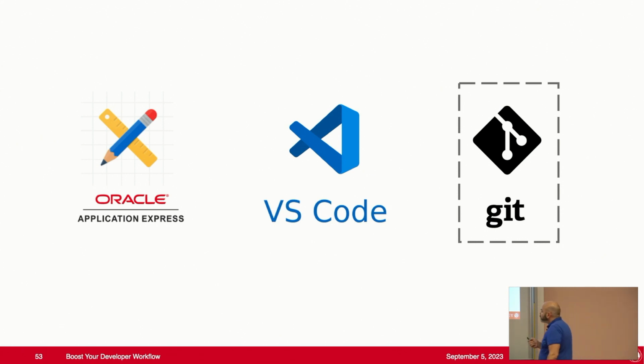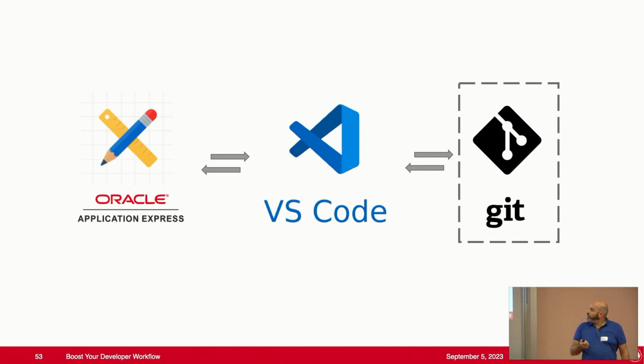Yeah, so we have Apex, we have Visual Studio Code, and we have Git. And now I manage it for my company to combine those, work in Visual Studio Code, and make sure that we are doing a lot of CSS modifications quickly within Visual Studio Code and sending it to Apex, getting it back, etc., and sending it to Git.